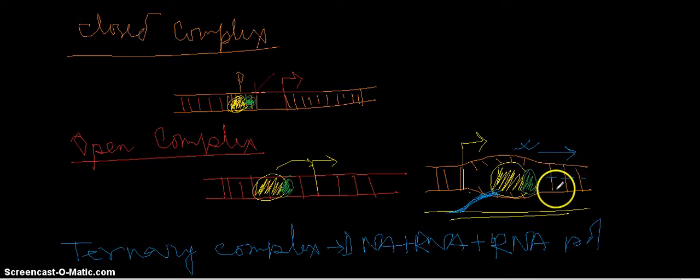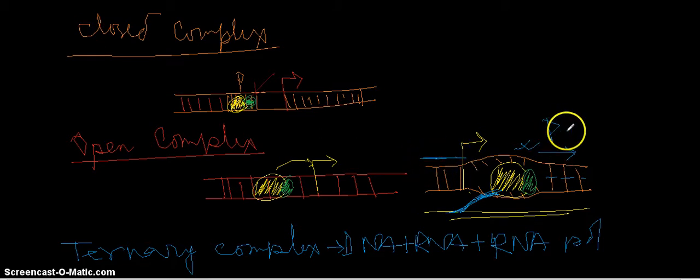And so this RNA will increase in size as it gets polymerized with new nucleotides. And as it moves, the DNA double helix starts to denature, and the previous portion starts to get renatured.